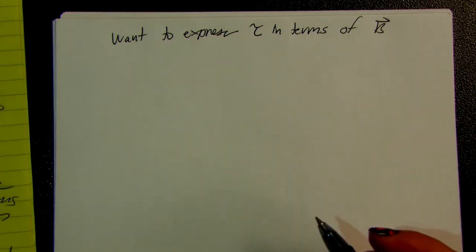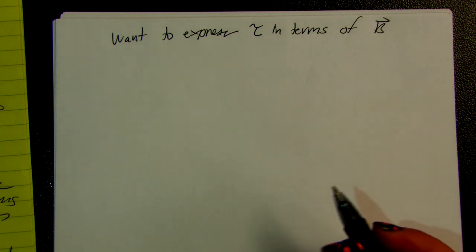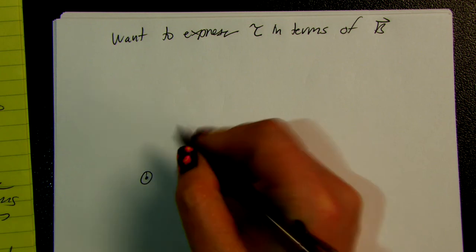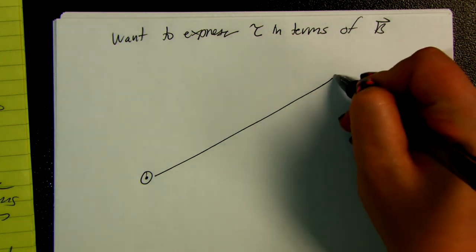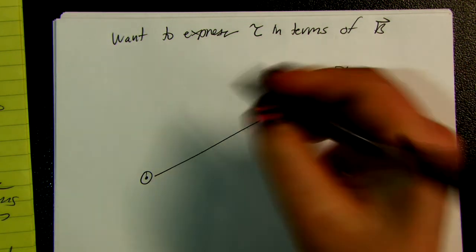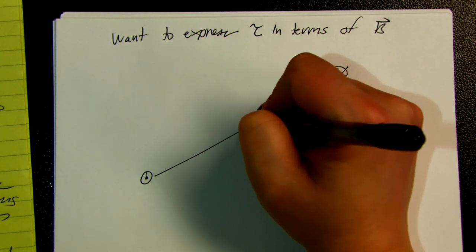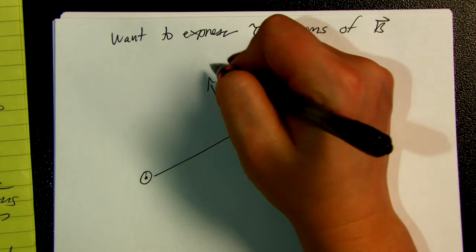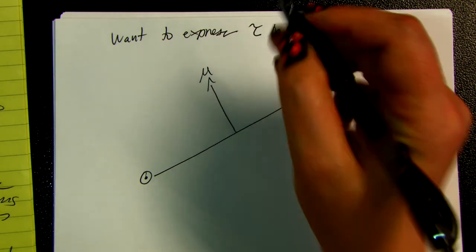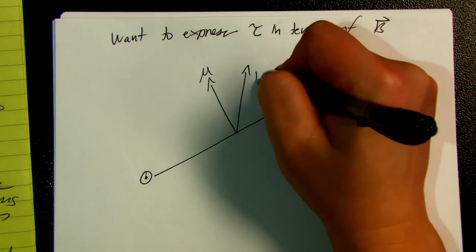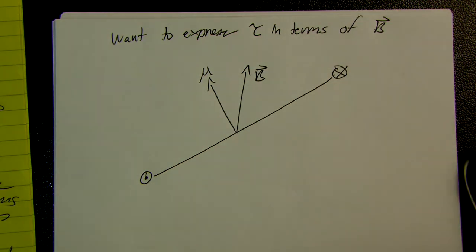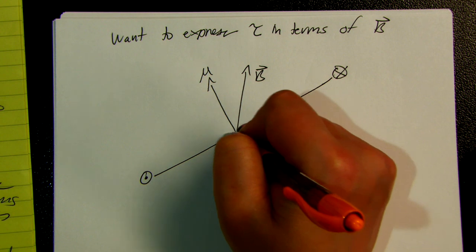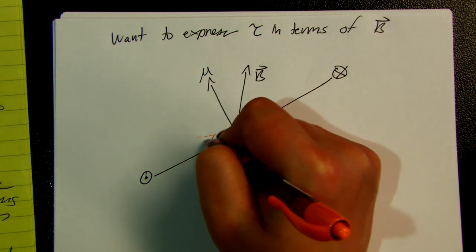All right, so let's update our pictorial representation in just more detail. Okay, so we've talked about mu pointing up at the middle of the wire. We've got our magnetic field B. We've got some angle theta.